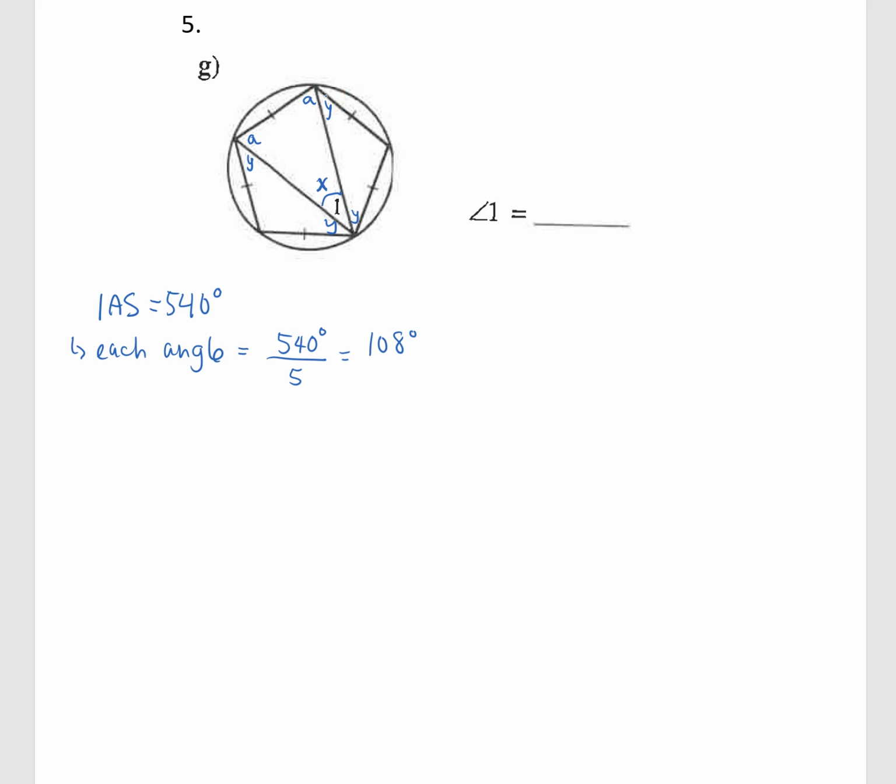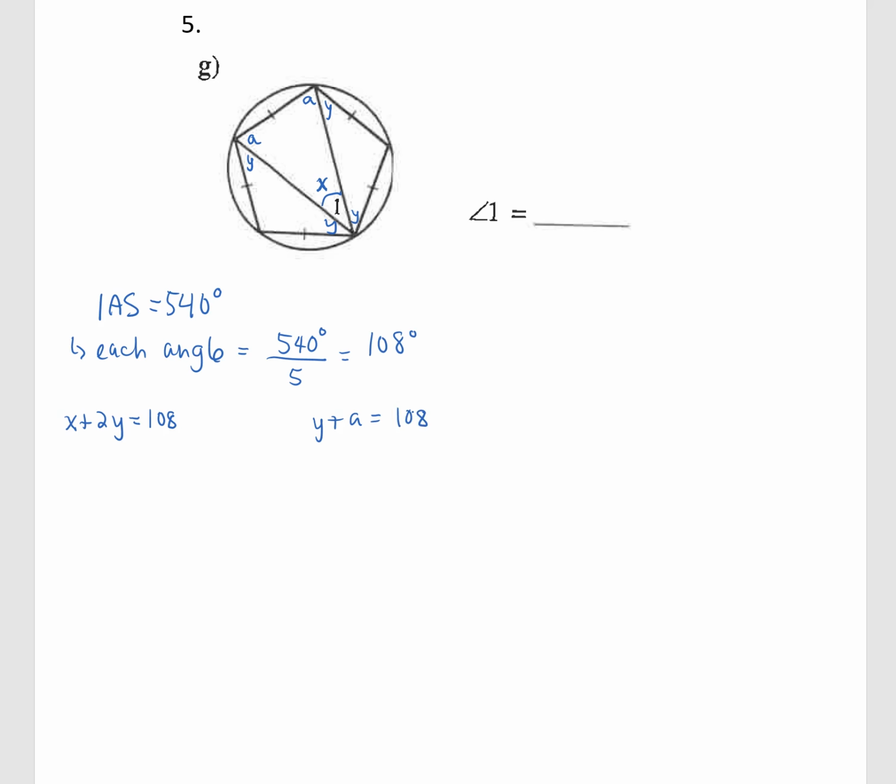In this angle, we have x plus 2y, and that equals 108 degrees. With each angle here, we also have a plus y equaling 108 degrees, so y plus a equals 108 degrees.